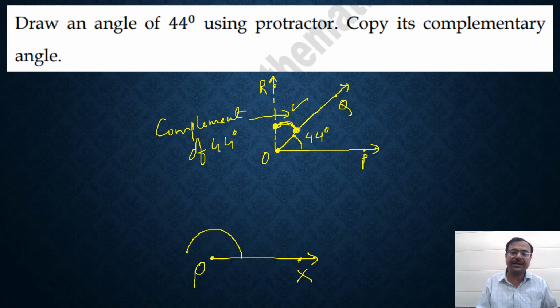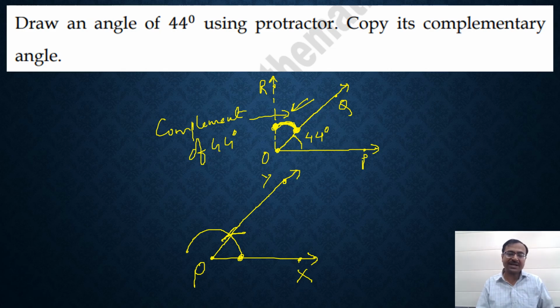That means the arc here which is drawn, you need to open it from here to here, place the compass here and mark an arc like this, join it, you will draw the exactly same angle as that of the complement of 44 degree. So this is how you draw equal angles. You have to open the compass just like this arc. So this is very important, how to copy a particular angle. This is another part of this amazing worksheet.